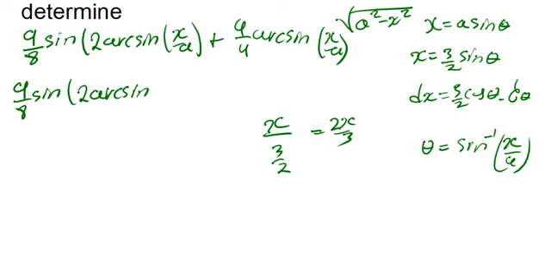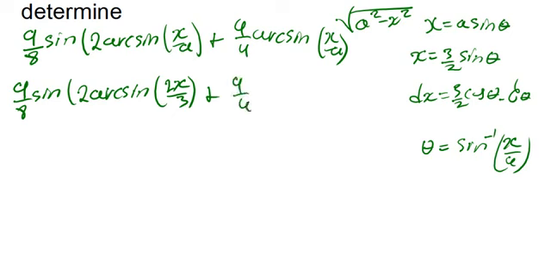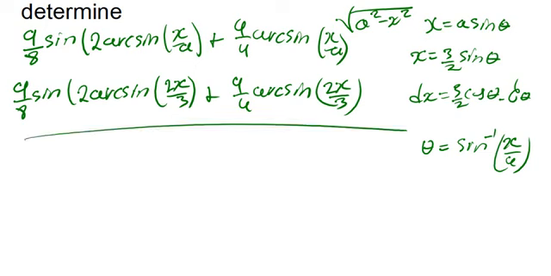So we have 9 over 8 sine 2 arcsine of 2x over 3, plus 9 over 4 arcsine of 2x over 3, and this is simply the integral that we are looking for.